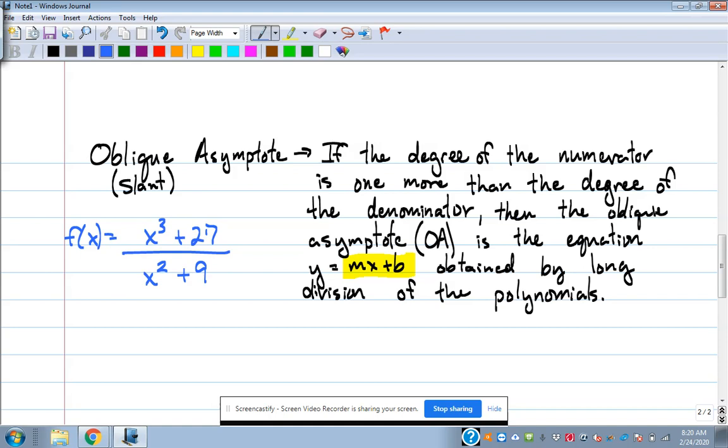I know that the numerator would factor a little bit, but the denominator will not factor. So there's nothing that would simplify here, even if I tried. But the numerator has a degree of 3. The denominator has a degree of 2. That's one more than the bottom. That's the only way that an oblique asymptote would occur. And then we would do long division to find that oblique asymptote, that equation for that.